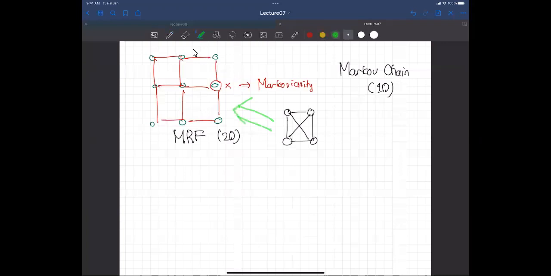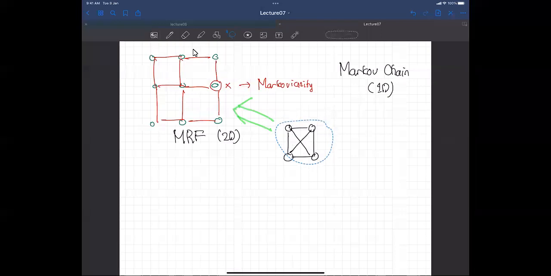You convert all the connections of pixels into Markovian kind of connection. And this process has a mathematical foundation. This conversion from complex connection into simple connection is called factorization.